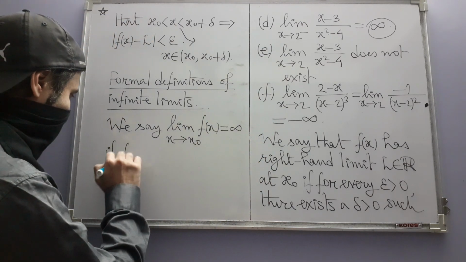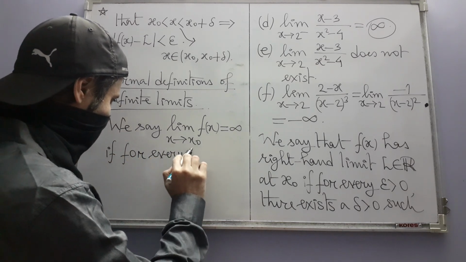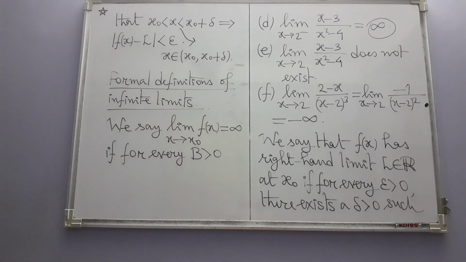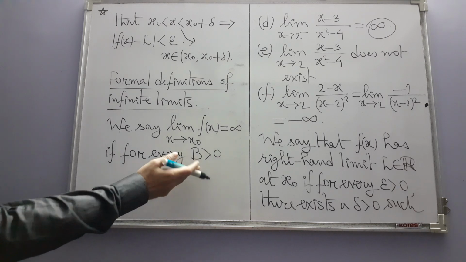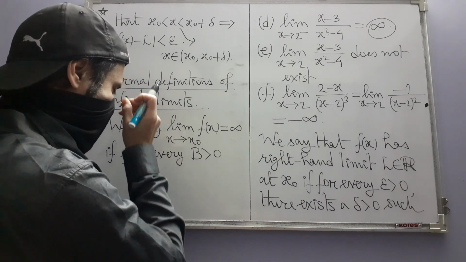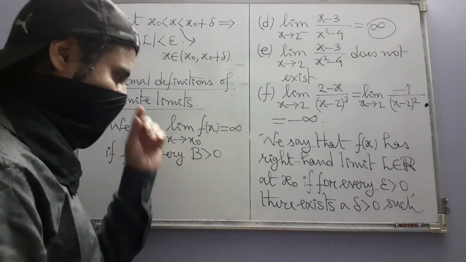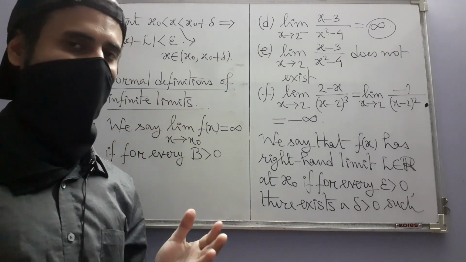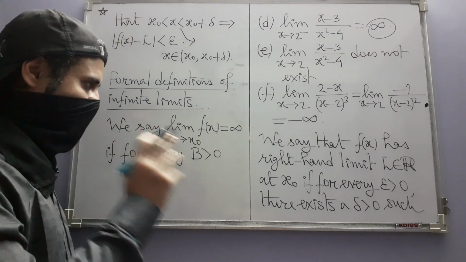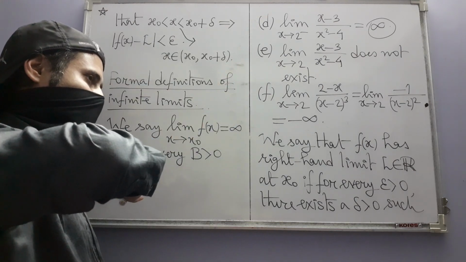If for every real number b greater than 0, this b you should think of as a big number, okay? Although a formal definition has nothing like big or small, these are vague terms, but thinking of these things in your mind, you should think of b as something very big. Can you make the f values even bigger?